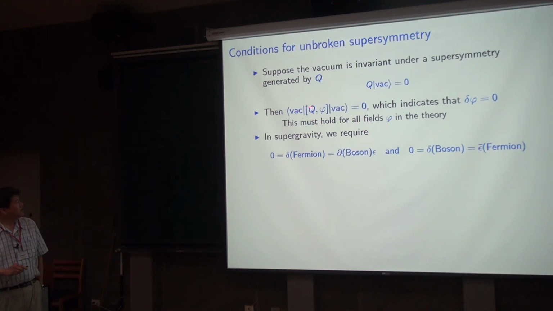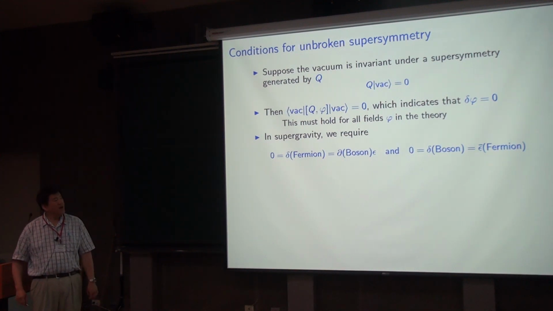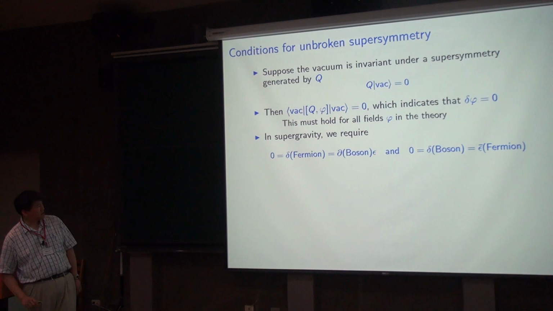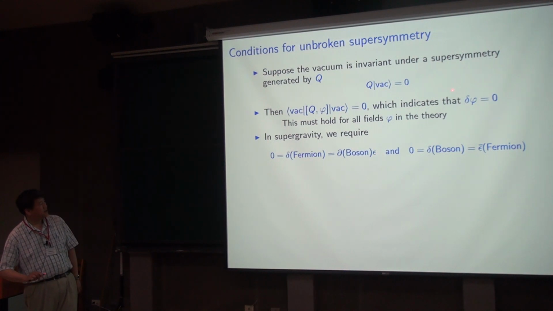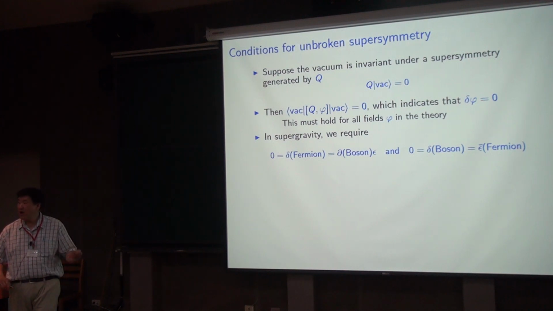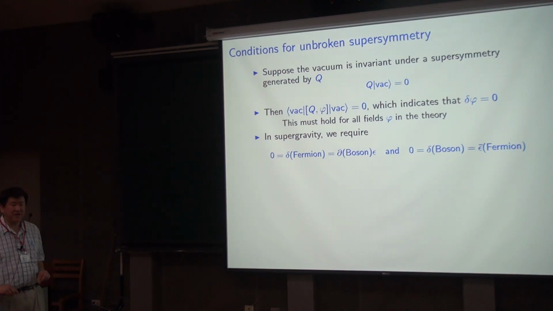Now, I'm assuming phi is just some other field in my theory. The Q commutator of phi is what generates supersymmetric transformations on phi. So if I had a supersymmetric vacuum, I'm basically looking for a configuration of fields such that the supersymmetry variation of the fields equals 0. I want that to hold for all fields in my theory.